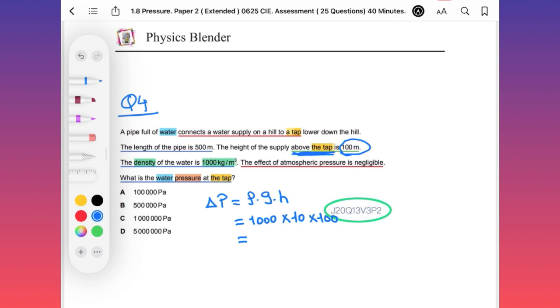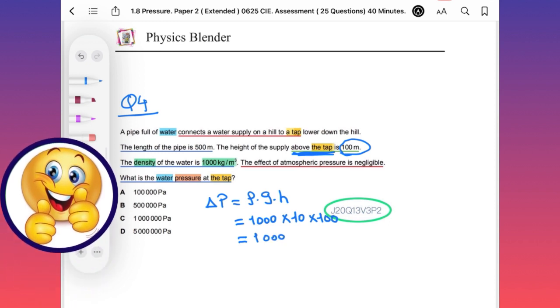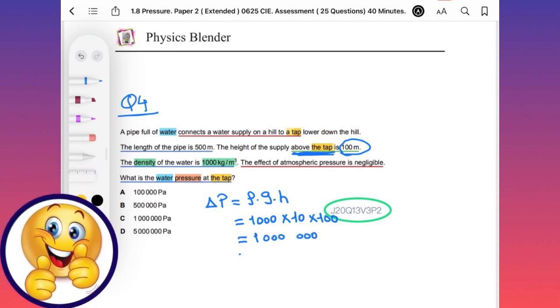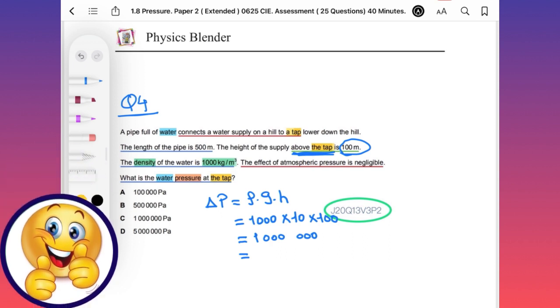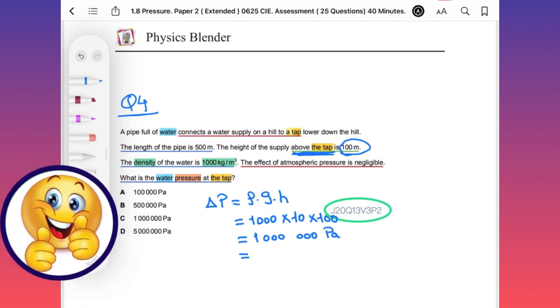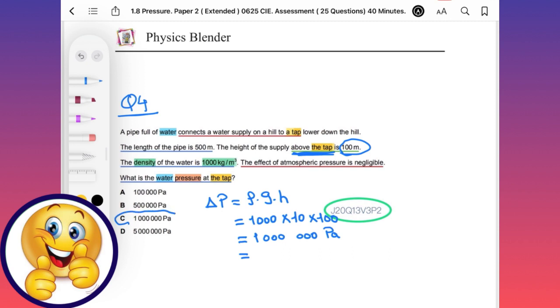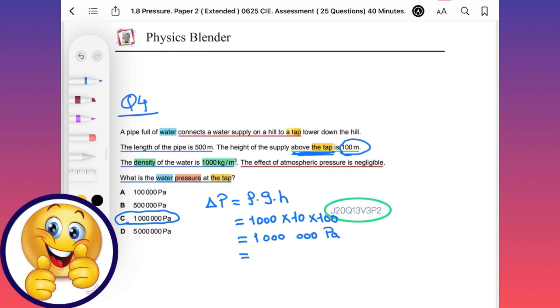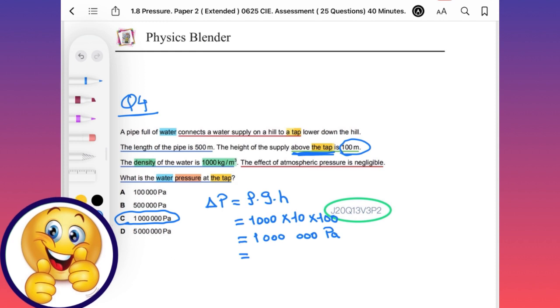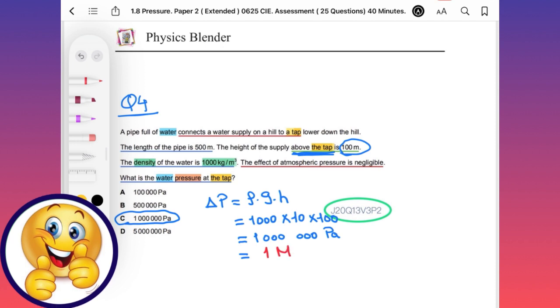Okay, so the final answer will be one million Pascal, which is the answer here, C. The correct answer is C. We can use a prefix to write it as 1 megapascal.